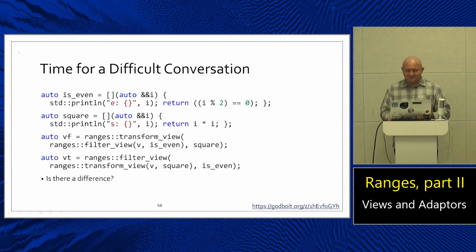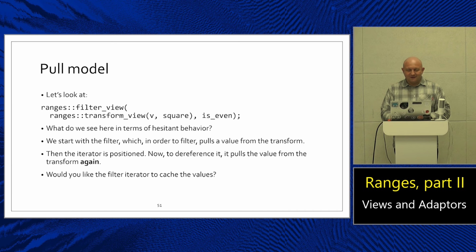What's the reason? Let's focus on this case. What do we see here in terms of behavior? The filter wants to decide whether the current element should be kept.